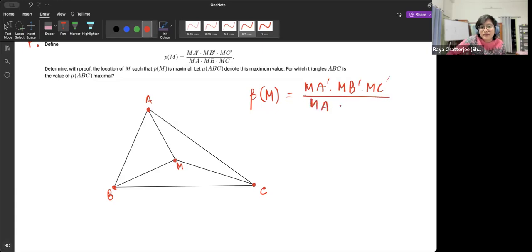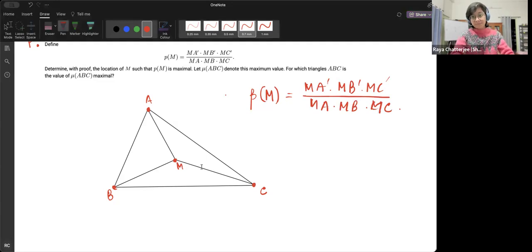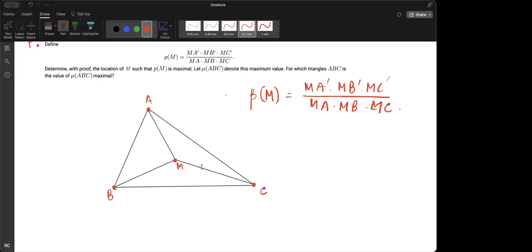And honestly, this is a great problem. I forgot, but what is the expression for sine A into sine B?